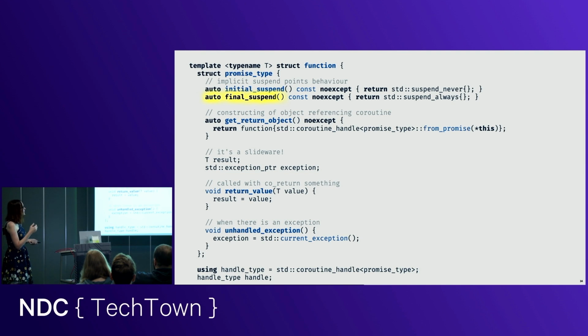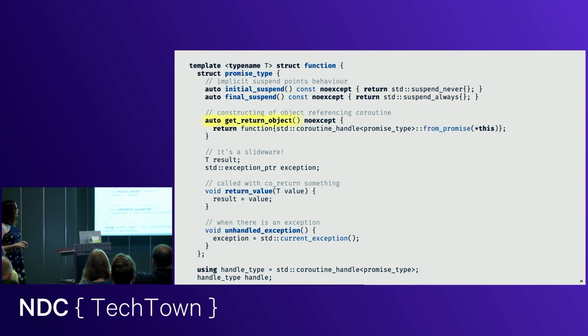So you can just never suspend, and when the coroutine reaches past the final suspend point, it's not suspended. It will destroy itself and clean memory, and everything is cleanly removed. But it depends on what you want. If you are writing some background task, you will never wait on it, just destroy it. But if you're writing a function, you want to suspend because you want to extract something from it, and you don't want it to be destroyed.